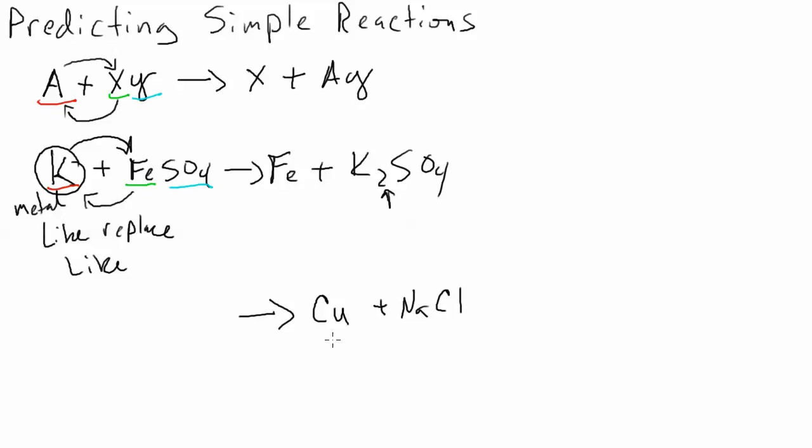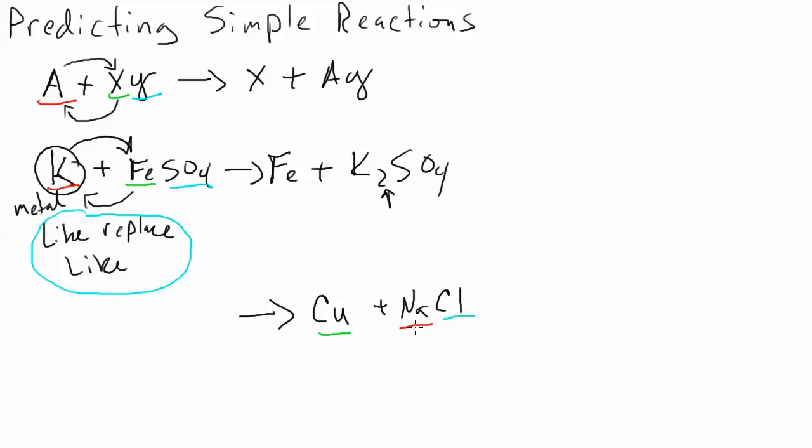If those are the products, you can work backwards and try to predict the reactants. So copper would be like the X, the sodium would be like the A, and the chloride would be like the Y. Remember, like replaces like.